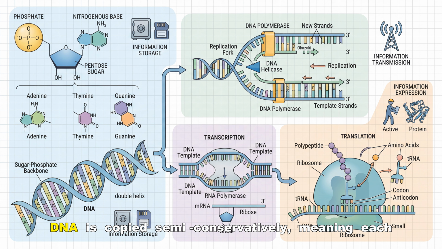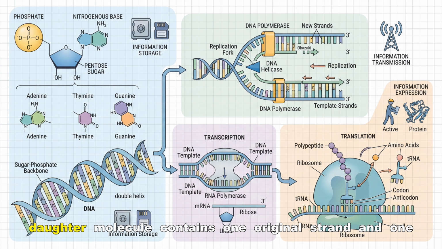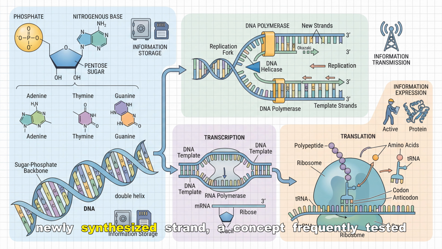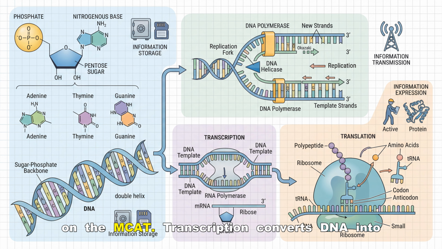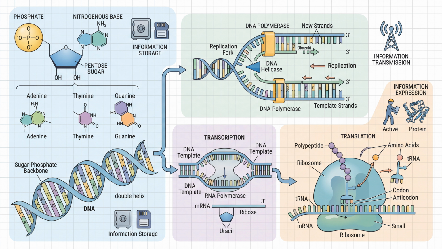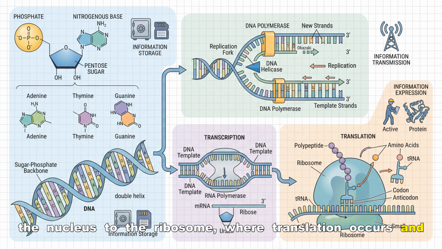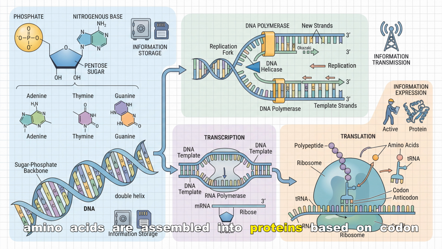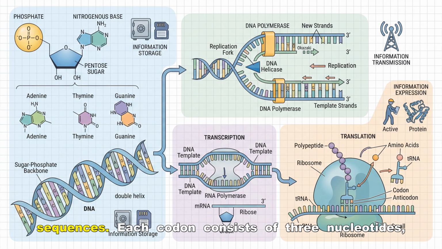During replication, DNA is copied semi-conservatively, meaning each daughter molecule contains one original strand and one newly synthesized strand, a concept frequently tested on the MCAT. Transcription converts DNA into messenger RNA, which carries the genetic code from the nucleus to the ribosome, where translation occurs and amino acids are assembled into proteins based on codon sequences.